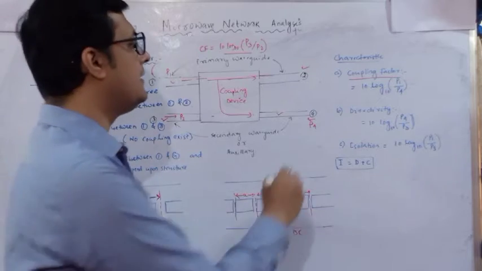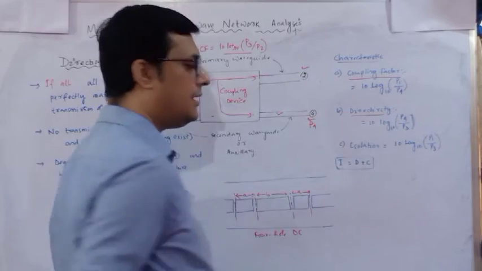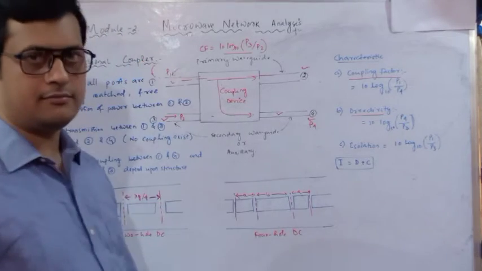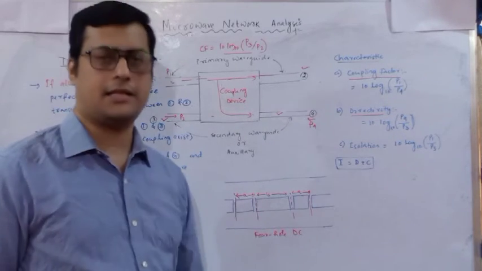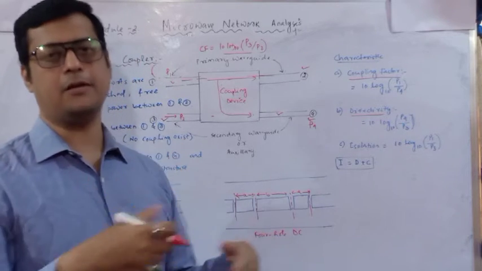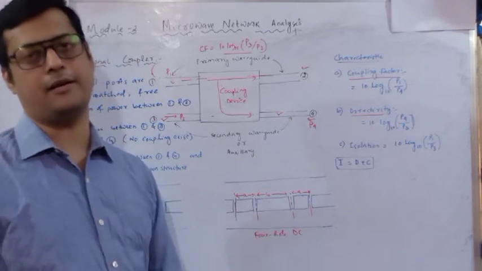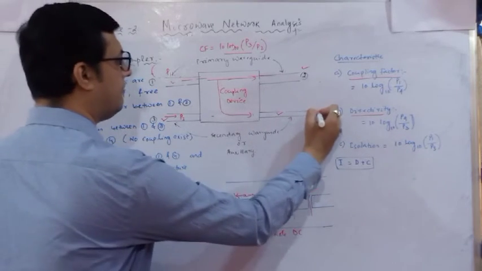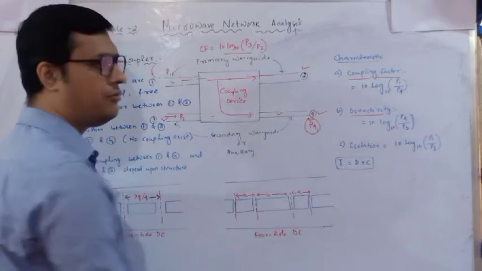Then next, directivity. Directivity means when I am energizing port 1, in which particular direction maximum power is transmitted in the auxiliary arm and in which particular direction the minimum power is obtained or zero is obtained. In the auxiliary arm, maximum power is available at port 4.